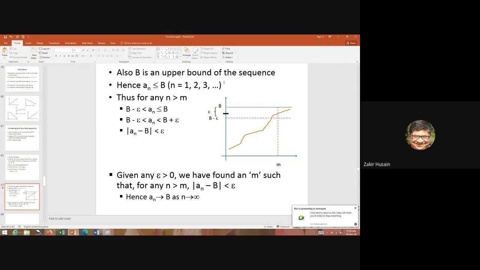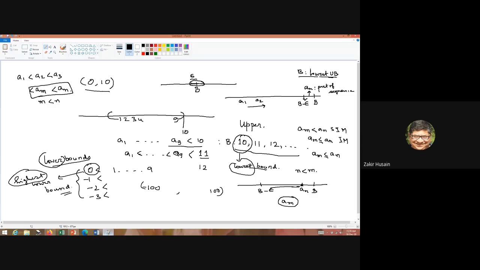Now, b is an upper bound of the sequence. Therefore, an cannot be greater than b. We can shift an over here, but at the most it will equal b if it is a closed interval.